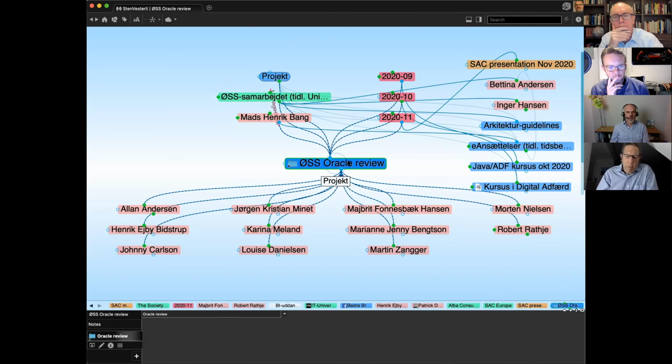So this is the way I've set up and tweaked it over the years. I figured out that projects have one color, people have another color, and organizations have a third color. And everything here links downwards, upwards, or sideways.